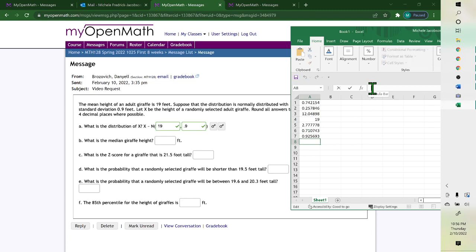And then do the same thing, equals norm, the distribution one, 19.6, comma the mean, which was 19, standard deviation 0.9, 1 for cumulative, and hit enter. And then we need to subtract them. So you can go equals this one minus the last one, and hit enter. And there's your answer.